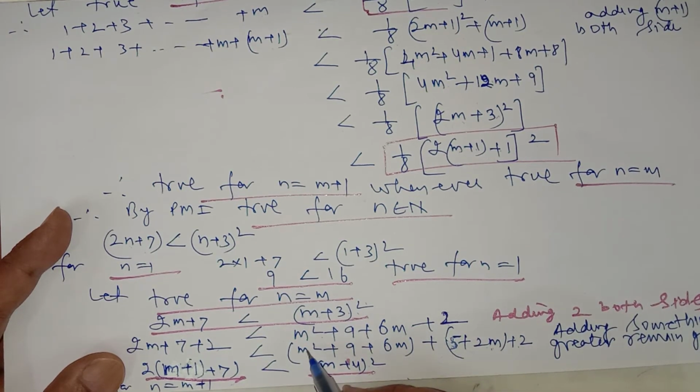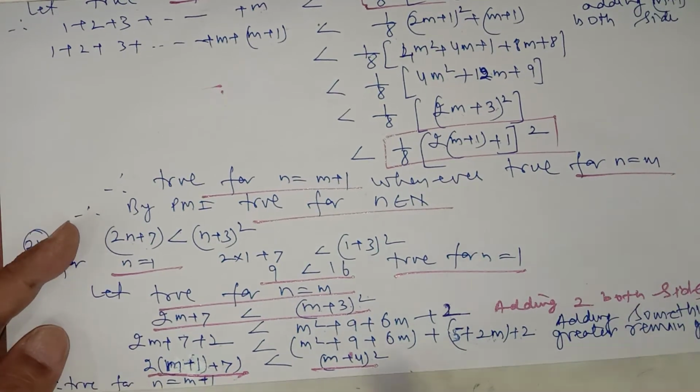It means I need m square. I need 16, so I have 9 and 2, which is 11. So I need 5, so I have added 5. I need 8m, and because I have 6m, I have added 2m so that it becomes 8m. So that is why I have added 5 plus 2m in the right hand side, and by adding something to a greater value, it will remain greater.